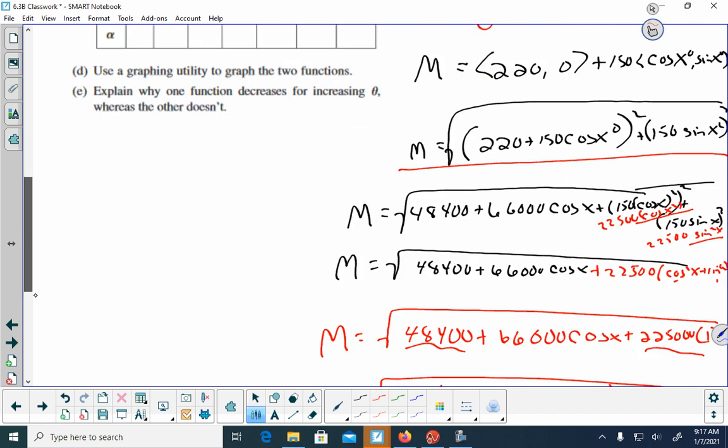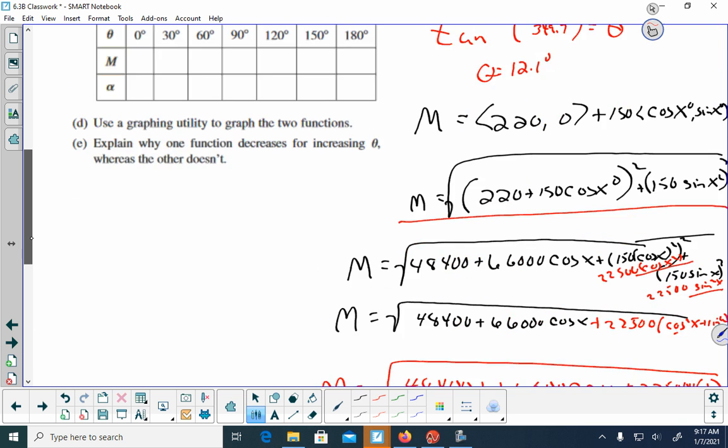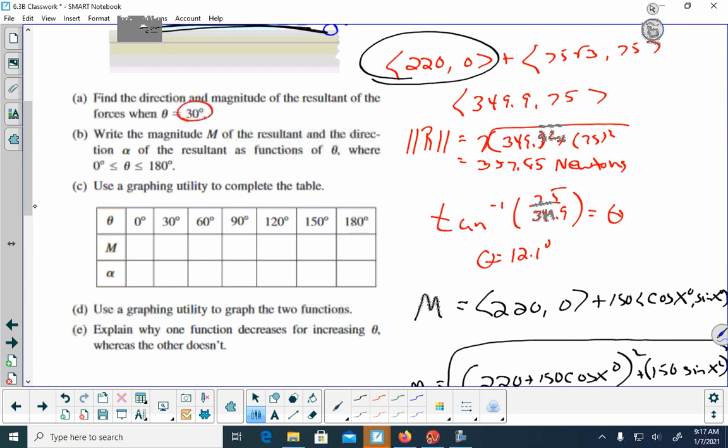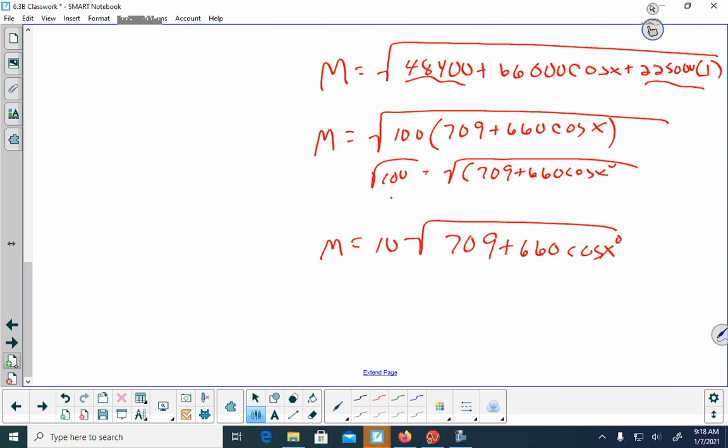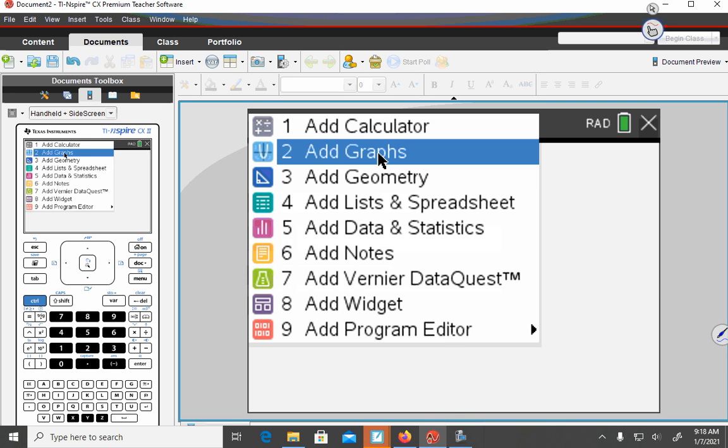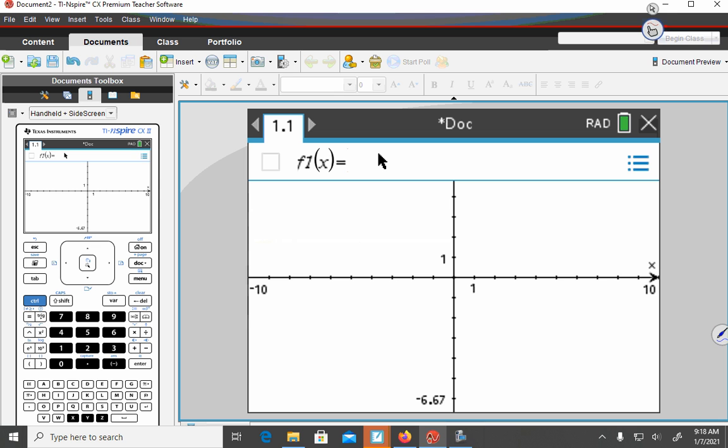But because they asked me to write M, which I did, it says use a graphing utility. So if you pick up your calculator, because you spent all the money on these things, let's actually use them. I'm going to add a graphing page, and I'm going to type in that equation and have my calculator generate my answers.